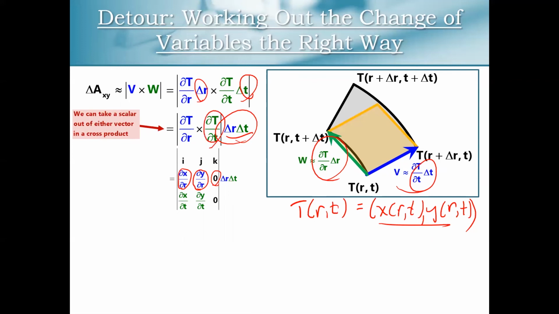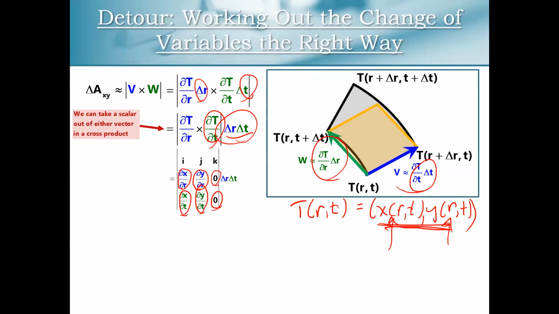And then dT dt, the partial derivative of T with respect to t: I'm going to take my x comma y, and take the partial derivative of each component with respect to t, so dx dt, dy dt, and 0. So it's a standard cross product.